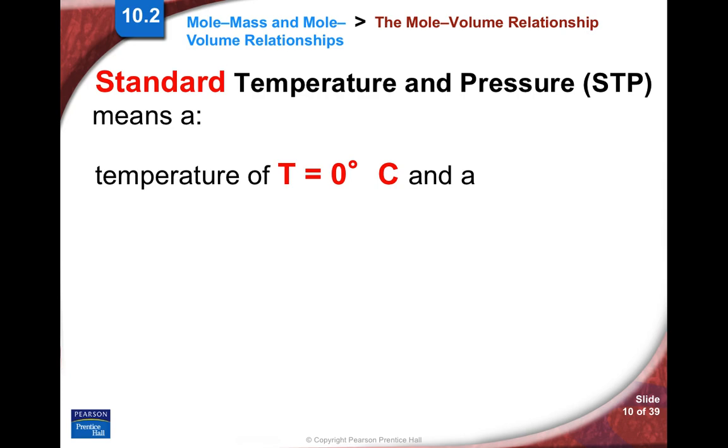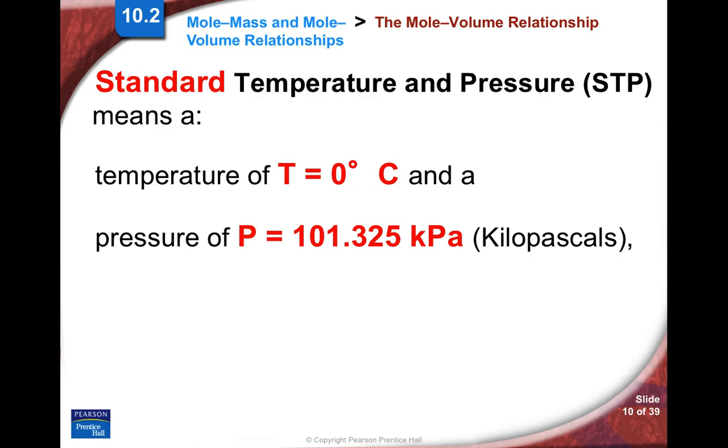It's a temperature of 0 degrees Celsius, the freezing point of water, and a pressure of 1 atmosphere. Well, 1 atmosphere makes it easy to understand, but I want you to get this number in your head for when we get to gas laws. 1 atmosphere pressure is 101.325 kilopascals, and we'll come back and explore that in more depth in coming chapters.